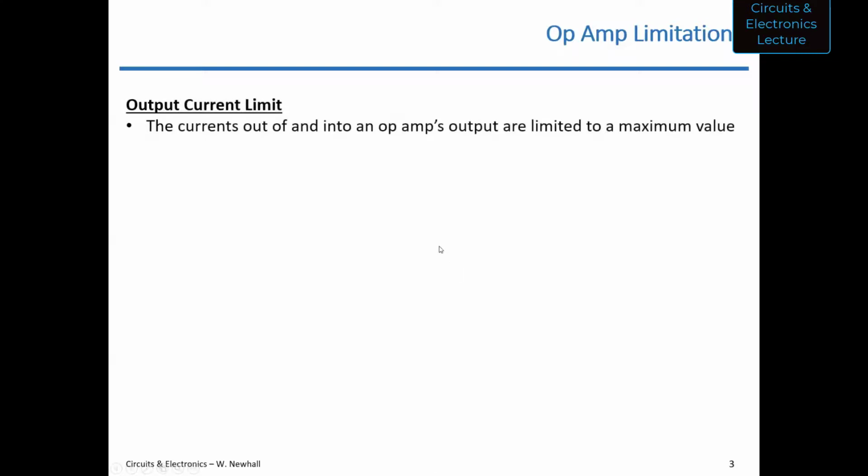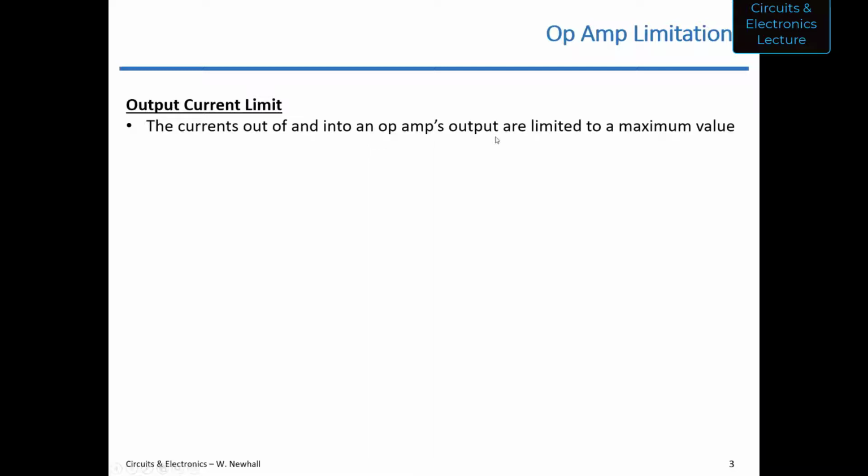Let's talk about another limitation that practically affects the circuits we've already talked about. This limitation is called the output current limit. And this simply is the currents out of and into an op amp's output. Remember, current can come out of an op amp output and current can go into an op amp output, as we saw.